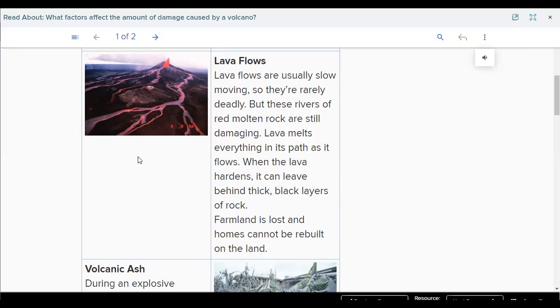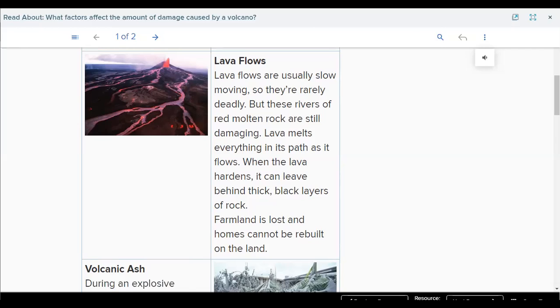So what's meant by lava flows? Lava flows are usually slow moving, because they are produced from the inside of the volcano, so they are rarely deadly. But these rivers of red molten rock, as we saw in the previous video yesterday, have a red color, and are still damaging.